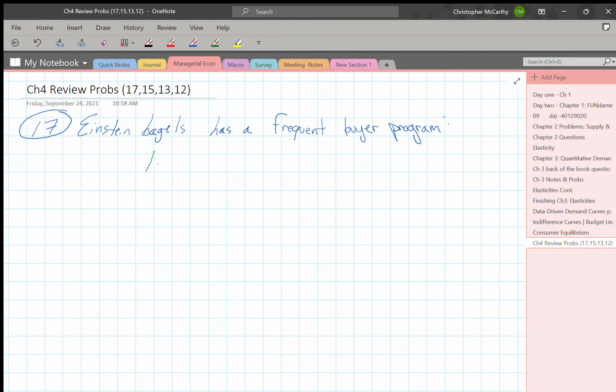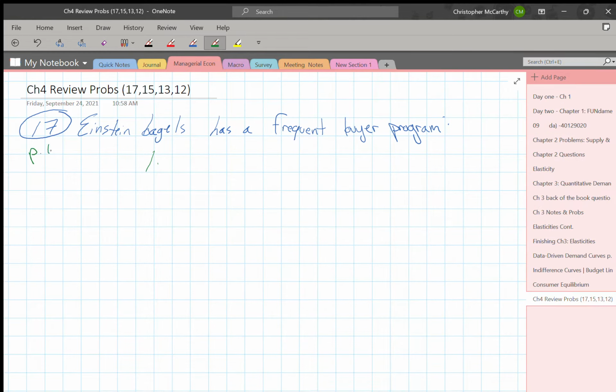So Einstein Bagels has this frequent buyer program. This is number 17 on page 133 of the text. It's a program where you can purchase one dozen bagels for $6.